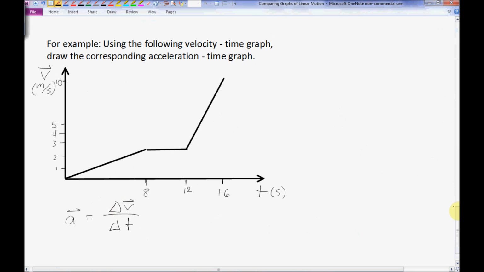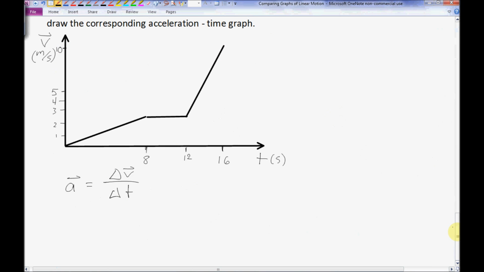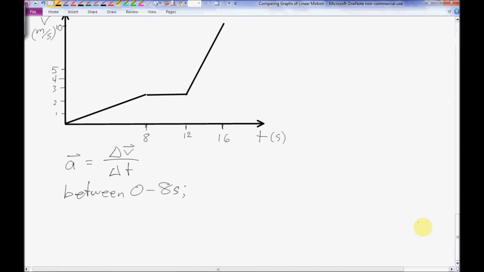So we'll say that the graph between 0 and 8 seconds is going to have an acceleration which stays constant, and we'll take these 2 points to calculate our slope.